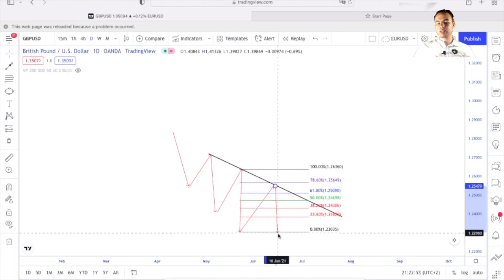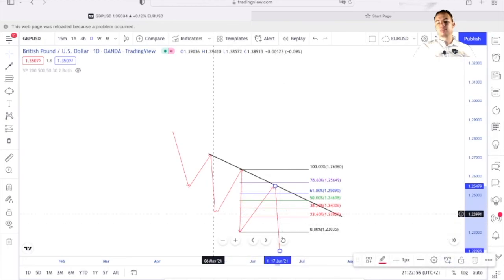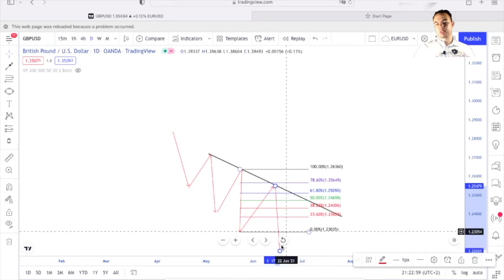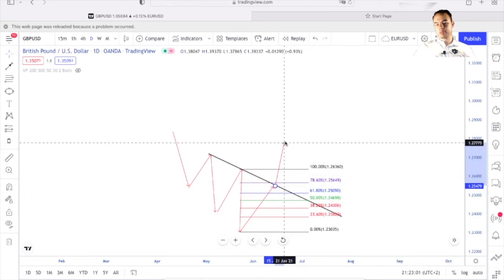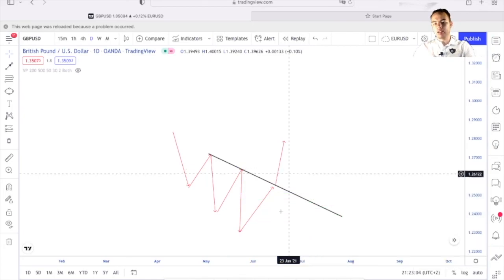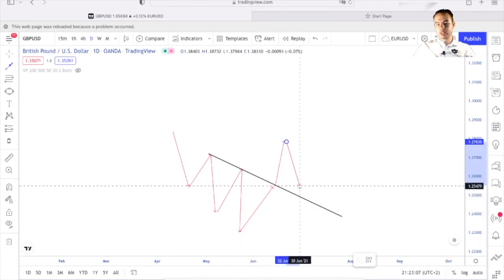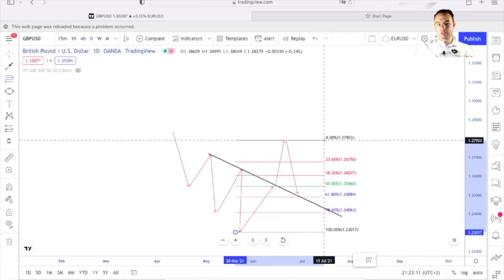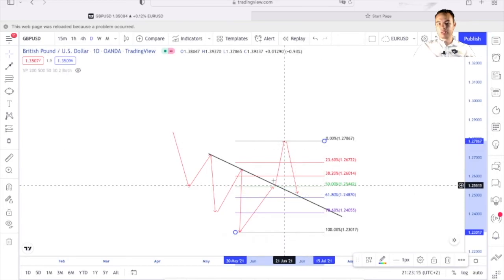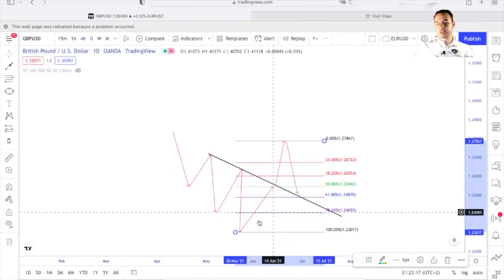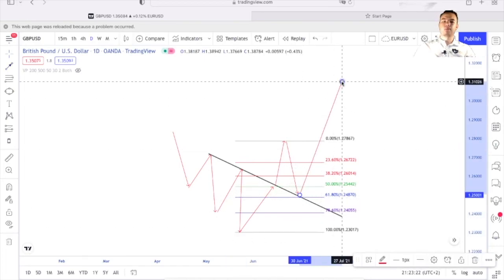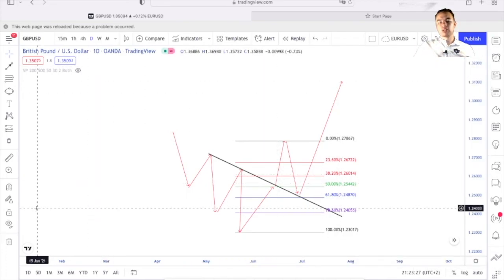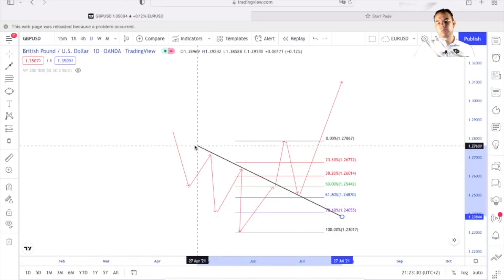That's when you need to sell, because it's going to make a lower low. However, if it breaks above, makes a higher high, retests, then you can put your Fibonacci on the other side, from there to there. 61.8%, it broke the trend line, retested, made a higher low, candlestick confirmation, and then you look to buy. Can you see how everything sort of intertwines? So that's a descending trend line.